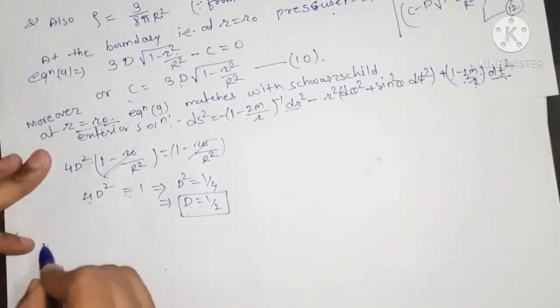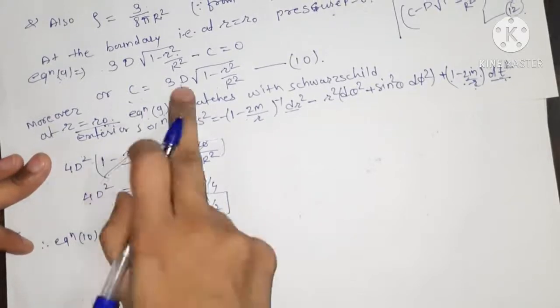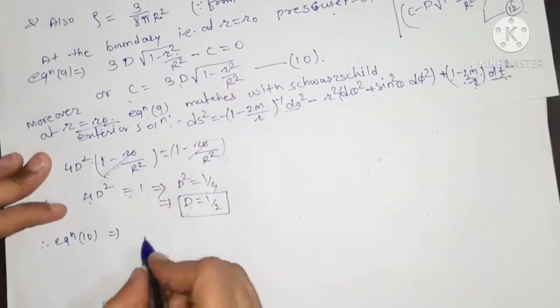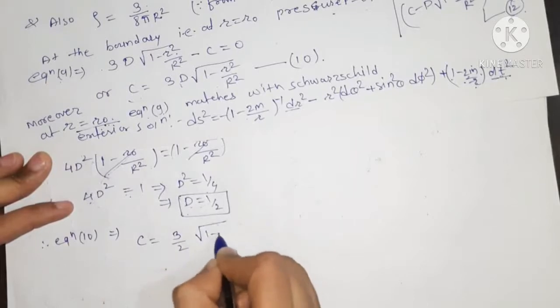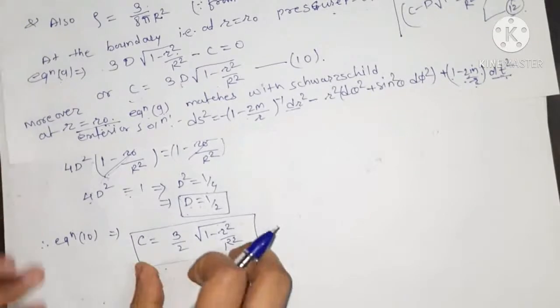So therefore equation 10 implies C is equal to 3D into under root of 1 minus r0 square upon capital R square. So C is equal to 3 upon 2 under root of 1 minus r0 square upon capital R square. Okay, so this is the value of C we get.